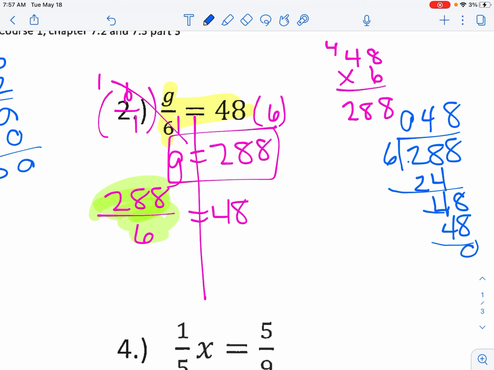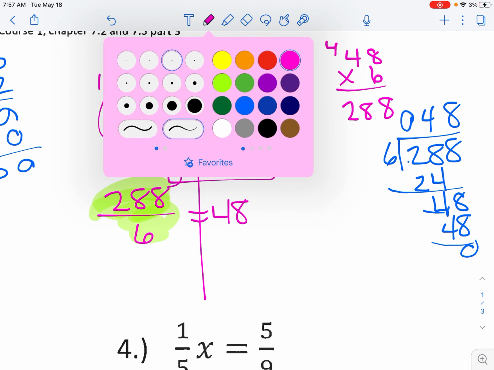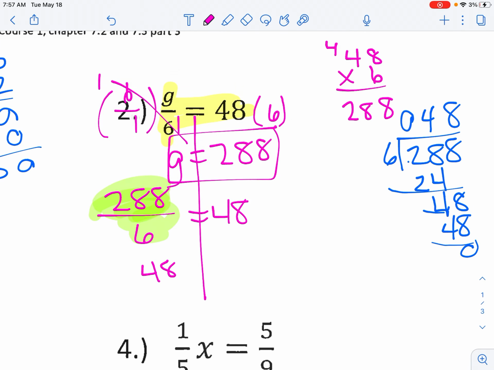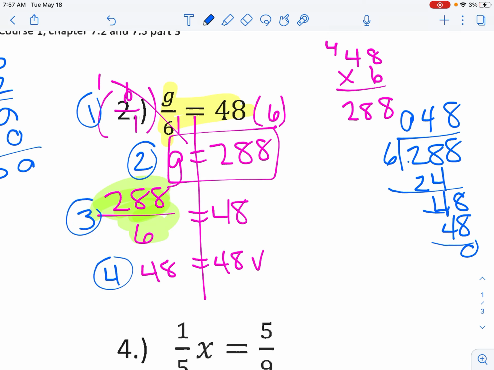So 288 divided by 6 is 48. So the last line will say 48 equals 48, check. Remember, every problem should have 4 lines. So we did show the inverse operation. We boxed our answer, we substituted and showed our work, and we checked our solution.